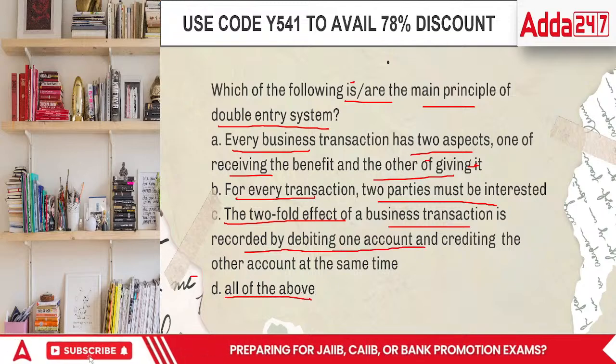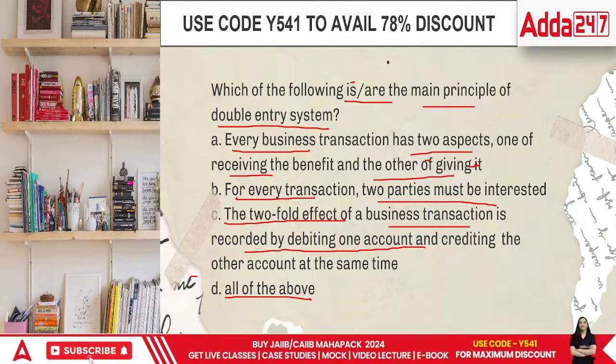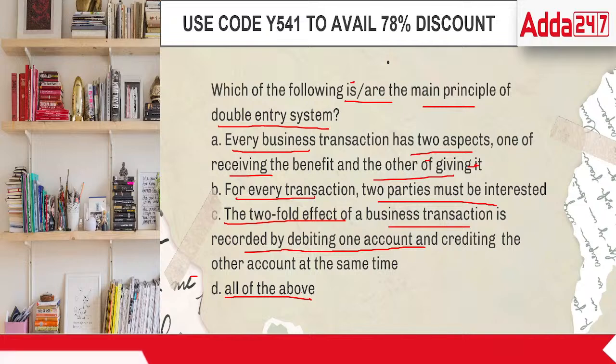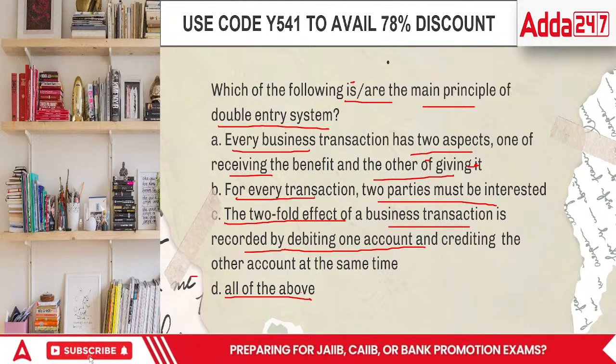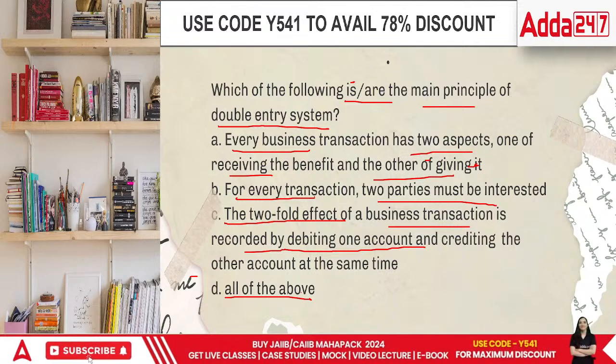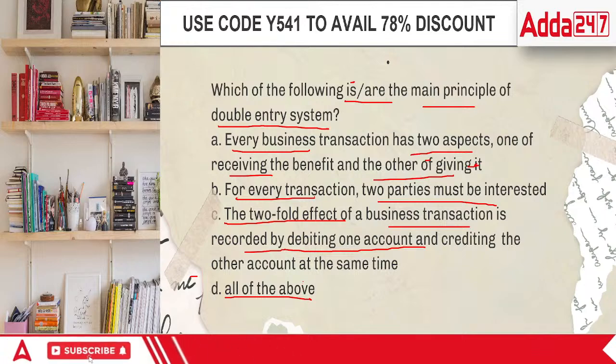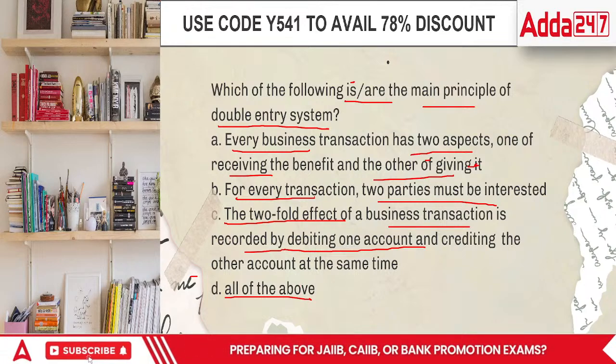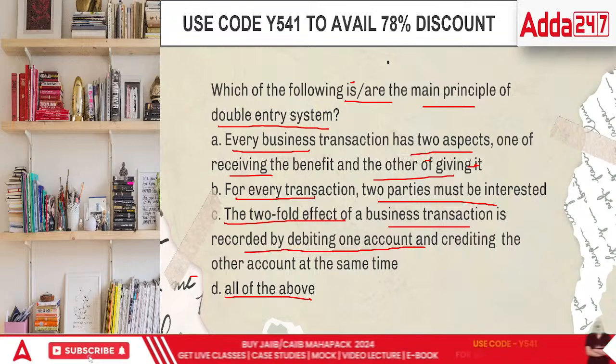Or all of the above. Talk about double entry bookkeeping. It is easier. One account has to be debited, the other account has to be credited, because double aspect is about this only. You will never find only two debits or only two credits. When such a situation is there in the books of accounts, that means their concept is wrong.